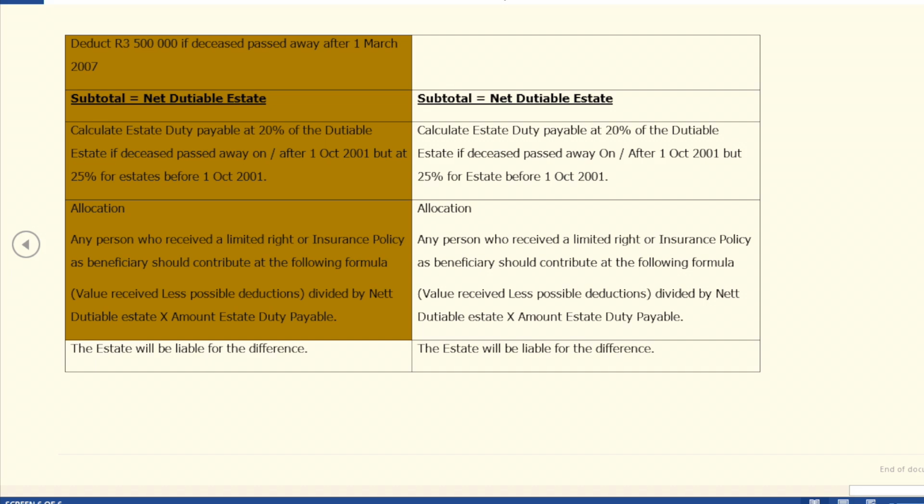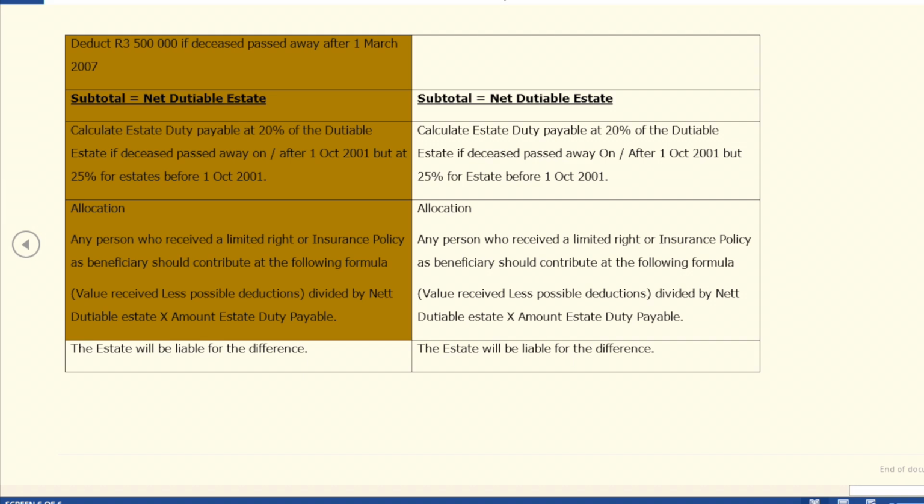Then what you will do, again, is the allocation of who has to contribute towards the payment of estate duty. Any person who received a limited right or insurance policy as a beneficiary should contribute by the following formula. You will deal with it as follows. Value received less possible deductions, divided by the net dutiable estate, and the amount of estate duty payable.